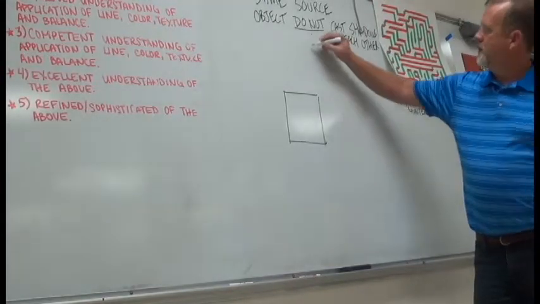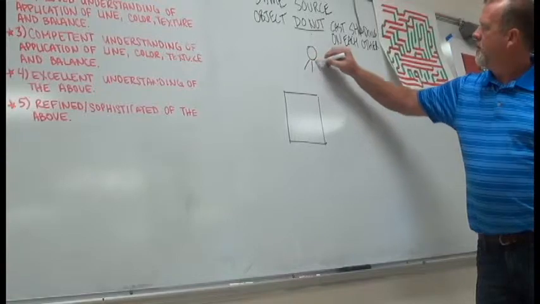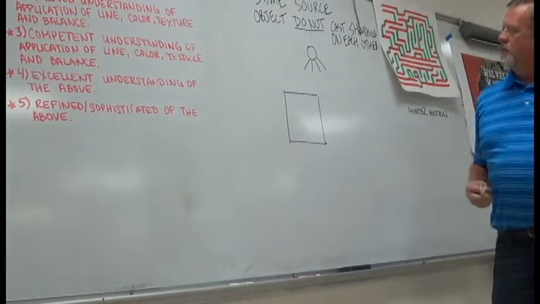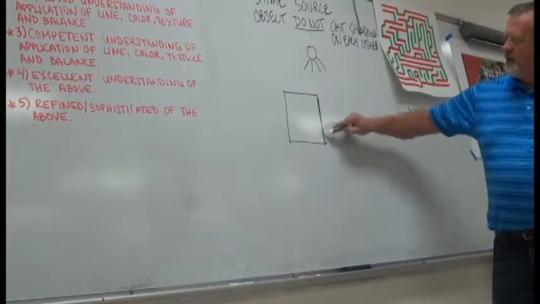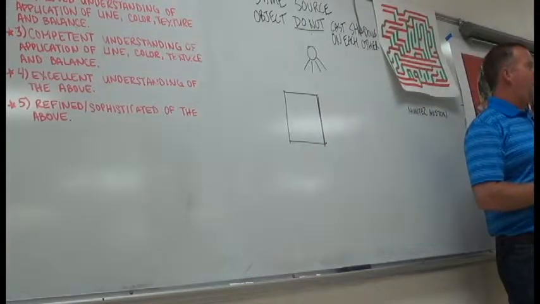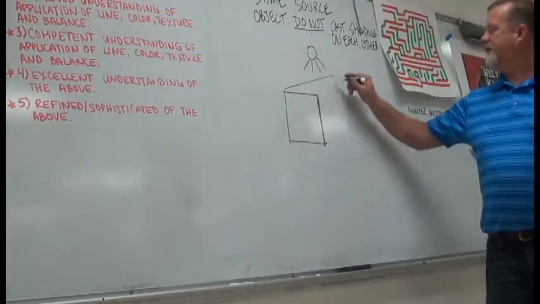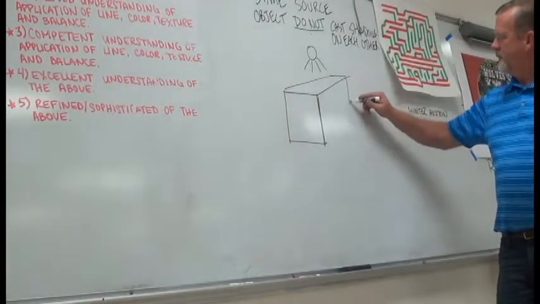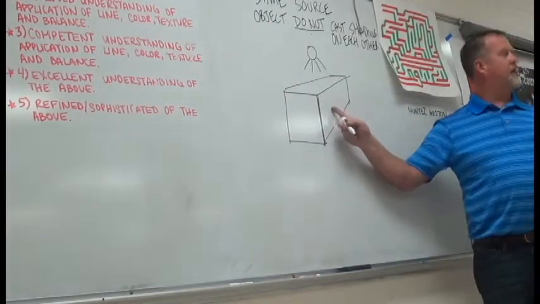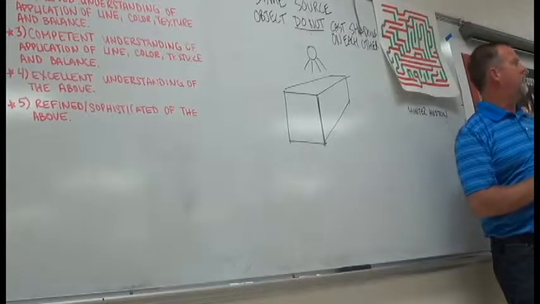Now, if the sun was right here, what is happening to this side right here? It's getting sunlight. If I drew that in perspective like this, you're saying this side's getting direct light? Is it in the shadows?